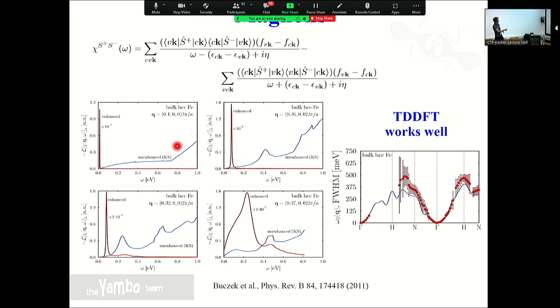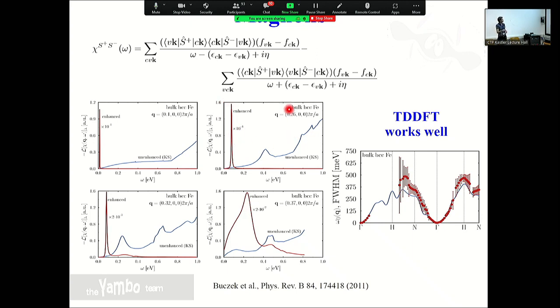The blue line is the independent particle response function at different momenta. So usually for magnons you look for a dispersion in momentum space, so you have to solve the response function at different momenta. And you see that shifting from spin flip transitions to a correlated version, you get a big enhancement of a peak at low energy, which is called the magnonic peak.